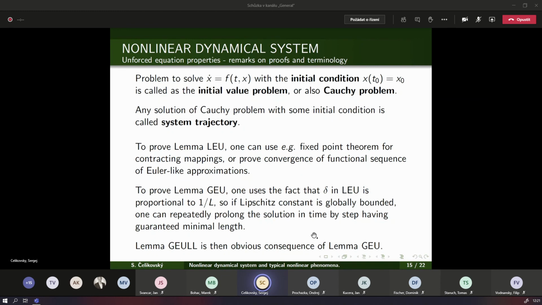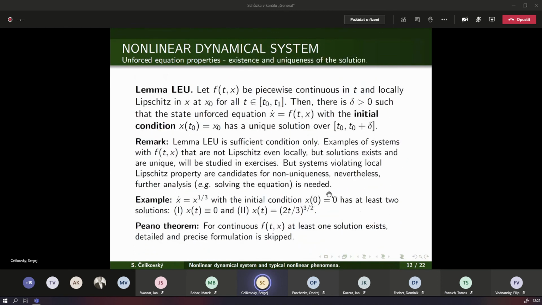So if the Lipschitz constant is globally bounded and the system is globally Lipschitz, then what happens is that around any point you may fix existence on a time interval like this, and delta may be small, but bigger than some minimum value because L is constant.